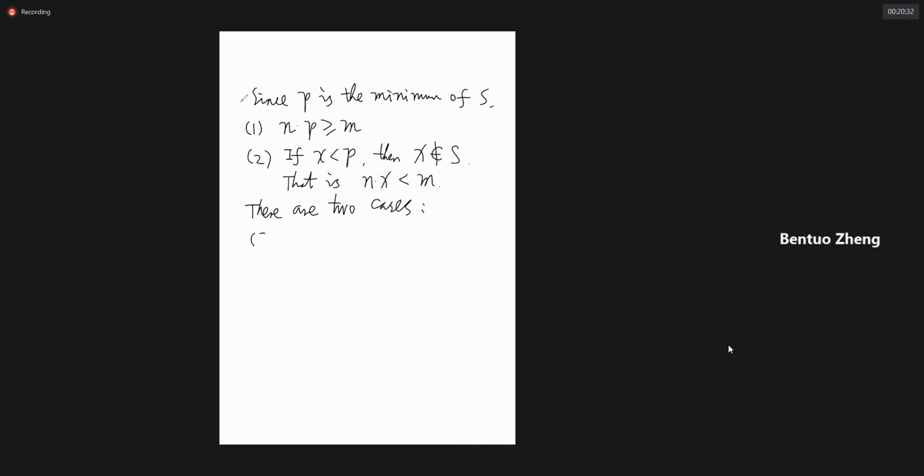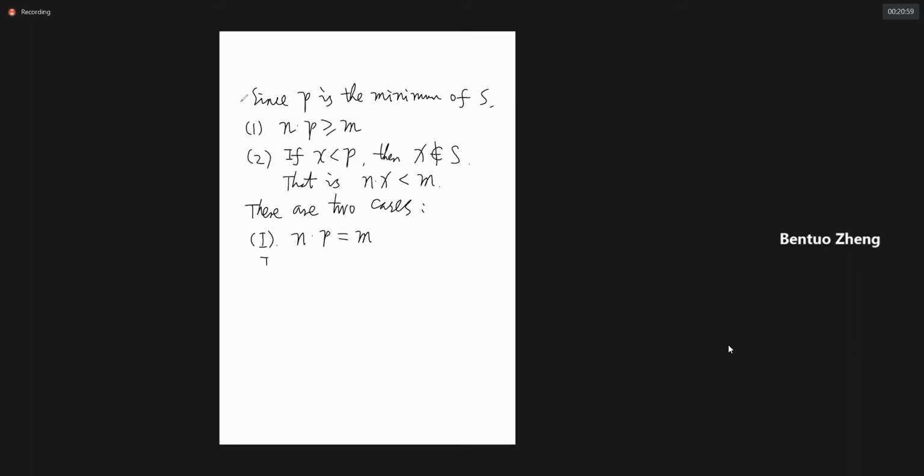The first case is, since we know N times P is greater than or equal to M, it is possible that N times P is equal to M. This is the first case. The inequality holds for property one.